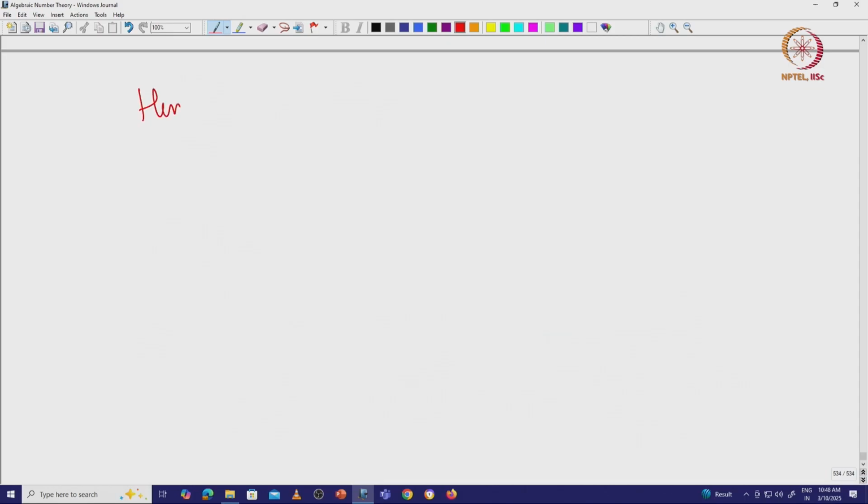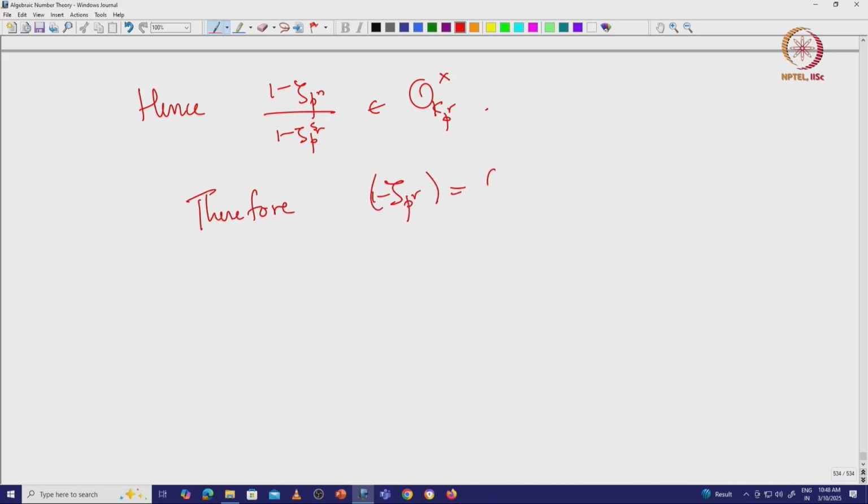So, hence (1 minus zeta p to the r to the s) over (1 minus zeta p to the r) is in the units of the ring of integers. Therefore, as ideals we have 1 minus zeta p to the r is the same as 1 minus zeta p to the r to the power s. What is the upshot of all this?